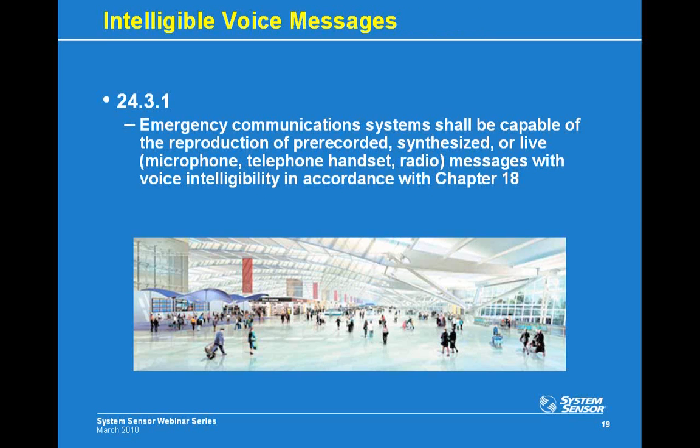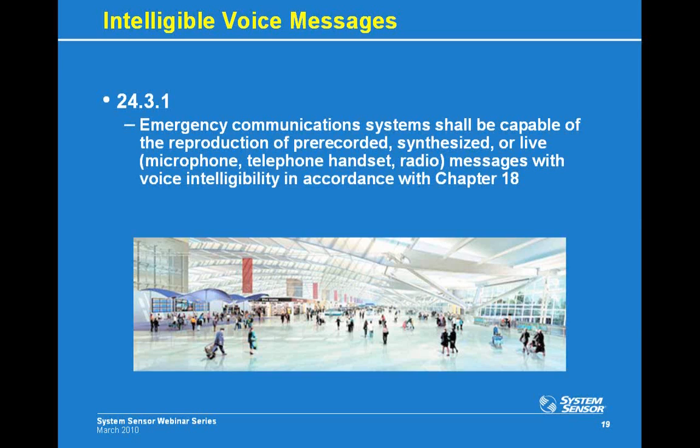Intelligibility requirements are not only in Chapter 18, they have also been added to a totally new chapter in NFPA 72. This chapter is Chapter 24 on Emergency Communication Systems. This new chapter is where the guidelines for ECS or MNS are laid out. For those of you who are not aware, we did have an entire webinar on emergency communication systems and the new code information a couple of weeks ago.